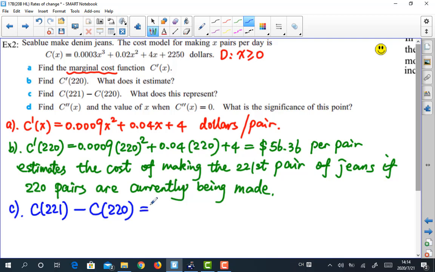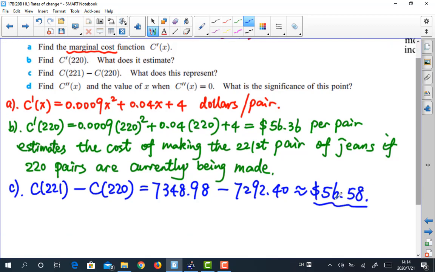So if you use your scientific calculator to help you, you will get C221 is 7348.98 minus C220 is 7292.40. So the difference is around $56.58.